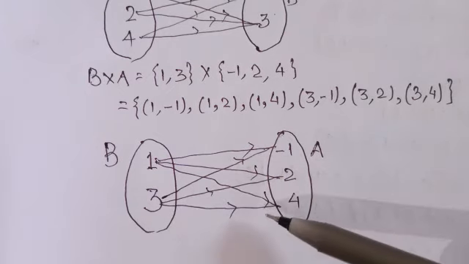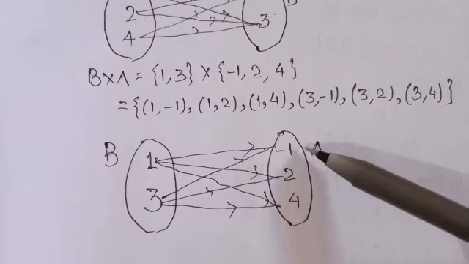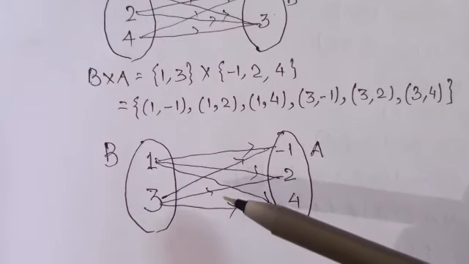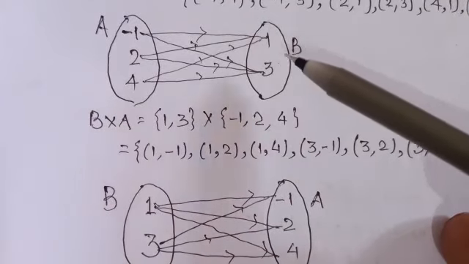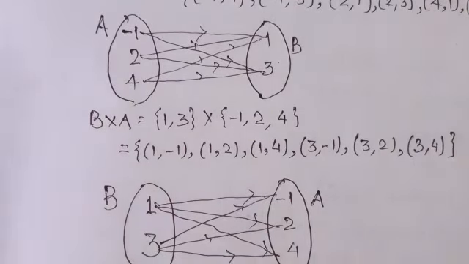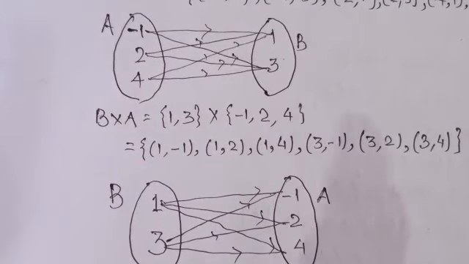This is the arrow diagram of B cross A, and the above one is the arrow diagram of A cross B. So in this way we draw the different diagrams.